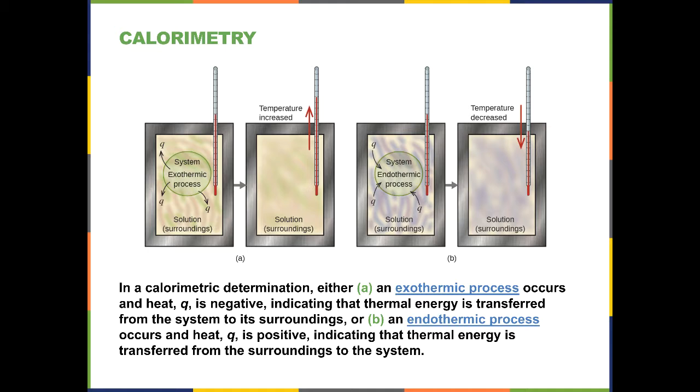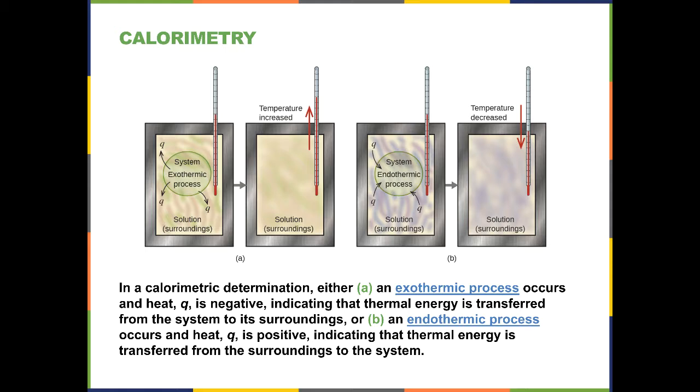In a calorimetric determination, either an exothermic process occurs and heat is negative, which means that the thermal energy is transferred from the system to its surroundings. So you're aware of heat being passed out of the system into the surroundings.